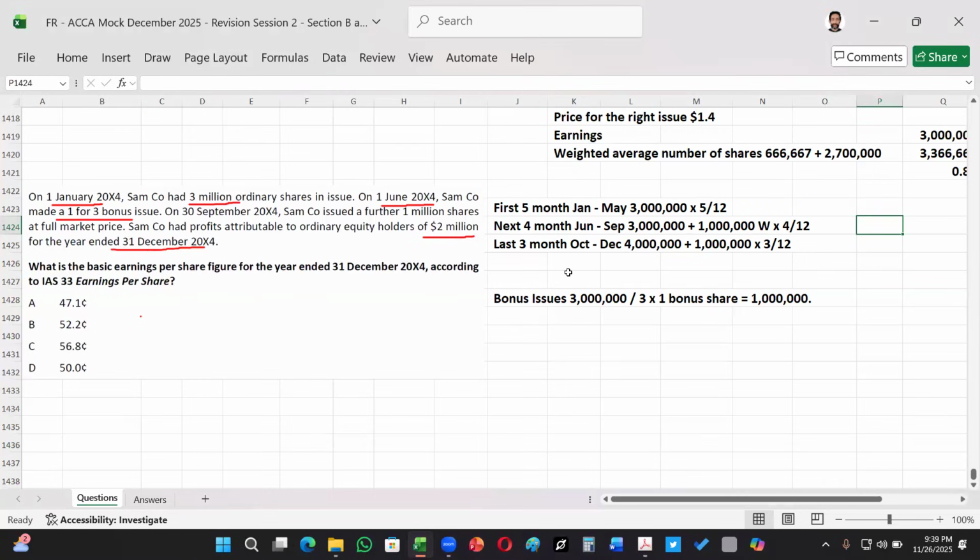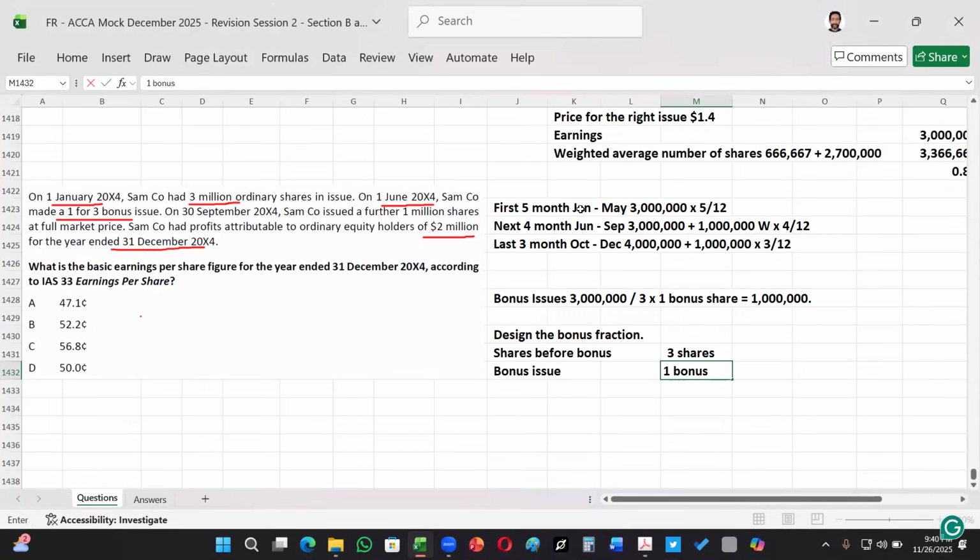Before we do that, this is the period in which there is no bonus issue. So now let's design the bonus fraction. We have the shares before bonus were 3 shares, and the bonus issue was 1 bonus share.